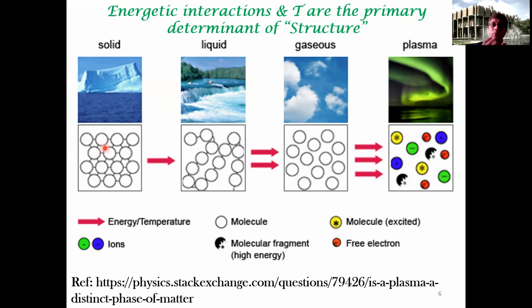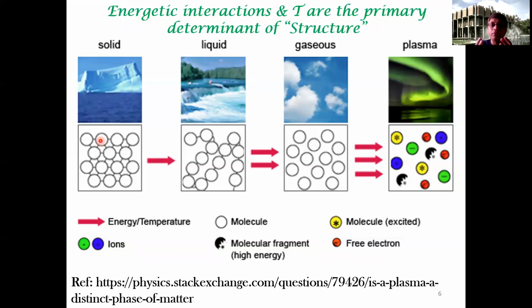So a comparison between this characteristic energetic interaction between two atoms, let's say, has a certain magnitude, a certain energy scale associated with it. And temperature is also a measure of energy, right? So heat energy in each degree of freedom.